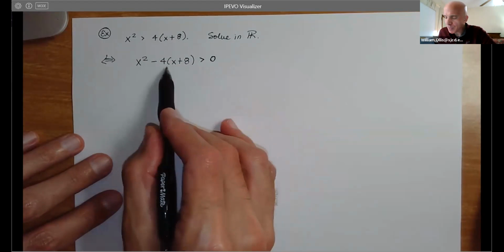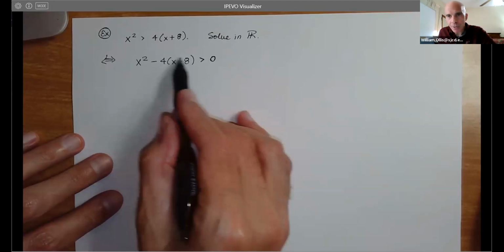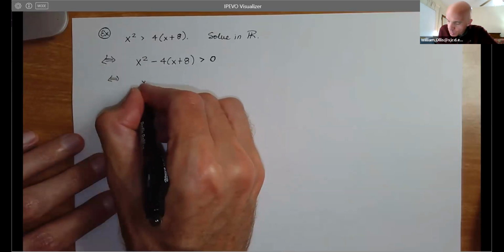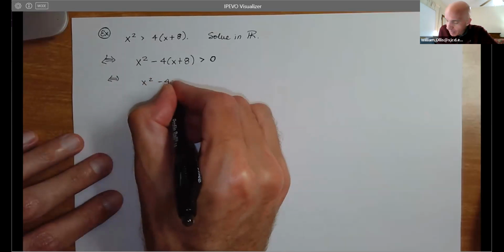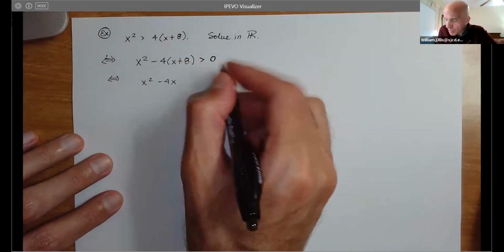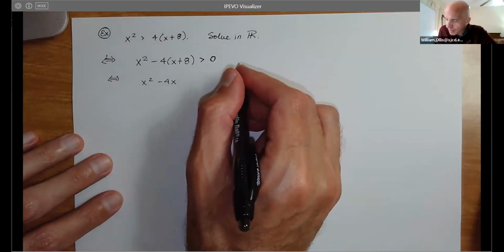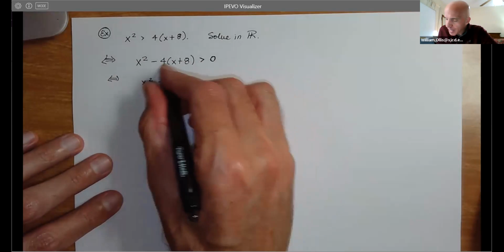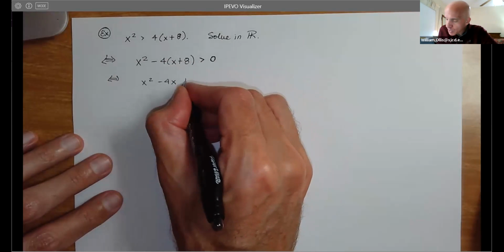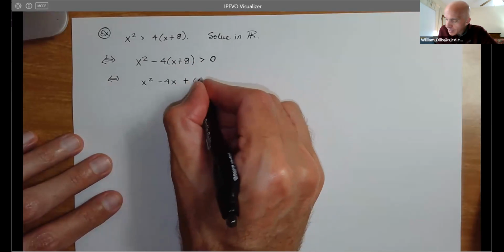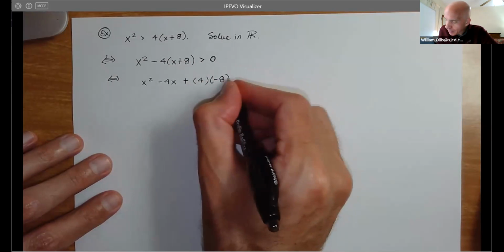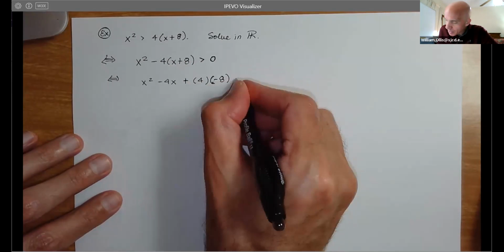So now when we look at this, we're thinking, maybe we can factor this. So let's distribute: x squared minus 4x minus 8. And this is just the AC method, isn't it? This is a -4 times an 8, but I'm just going to say plus 4 times a -8. I'm going to do it like AC just to give you a heads up on this.